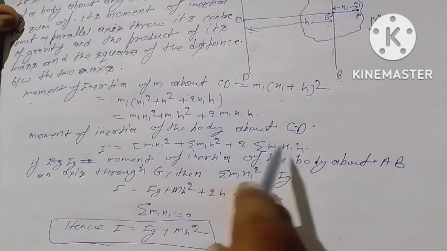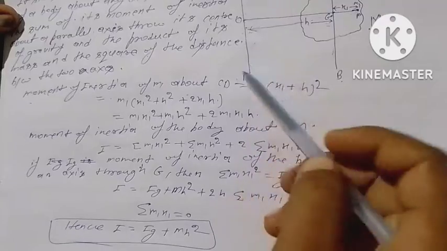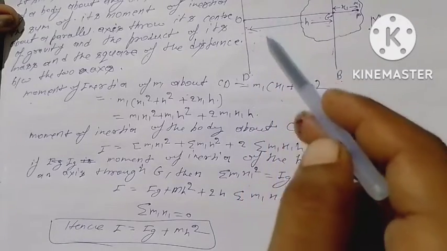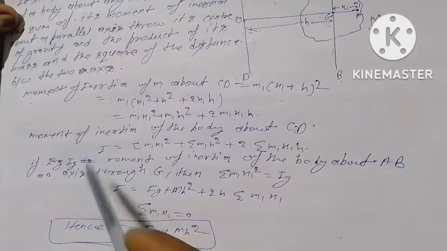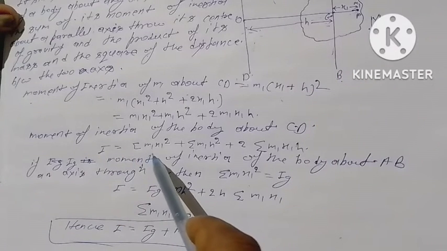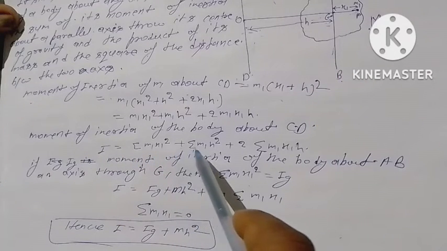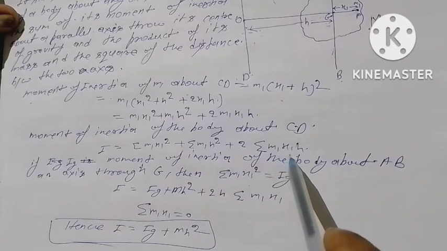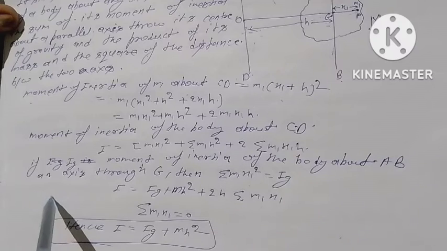Moment of inertia of the body about CD, I, equals sigma m1 x1 square plus sigma m1 h square plus 2 sigma m1 x1 h.